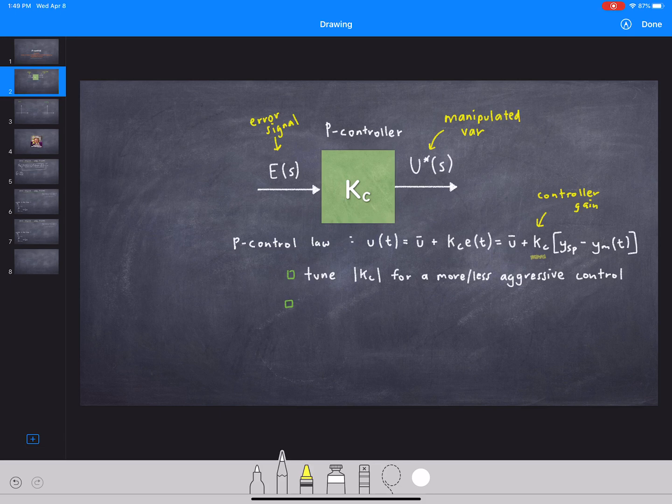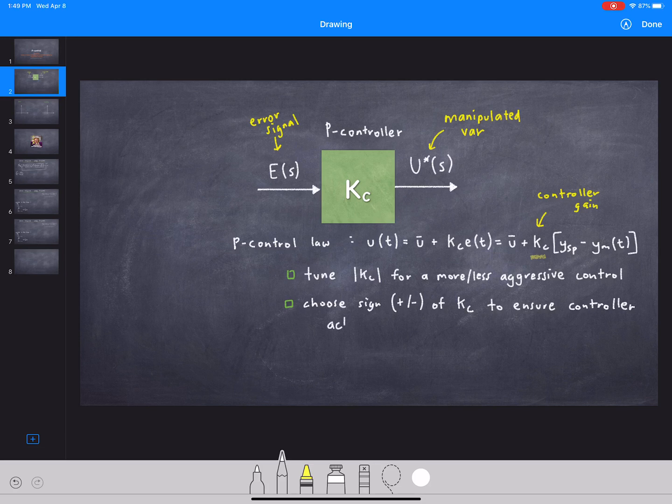So besides the magnitude, we also need to choose the sign of Kc appropriately. By sign, I mean whether it's plus or minus. And we do this to ensure that the controller acts in the appropriate direction.